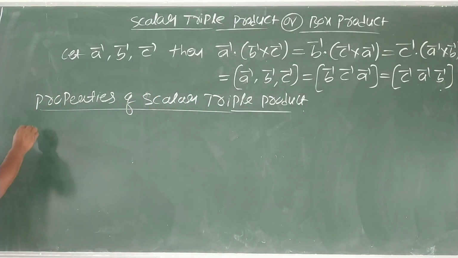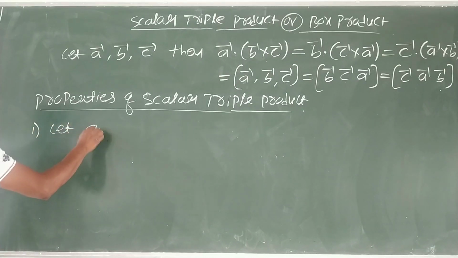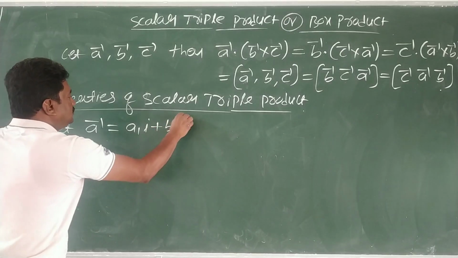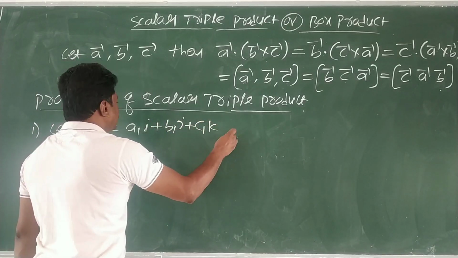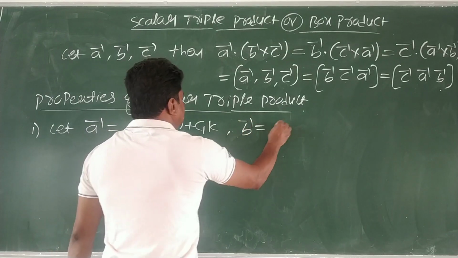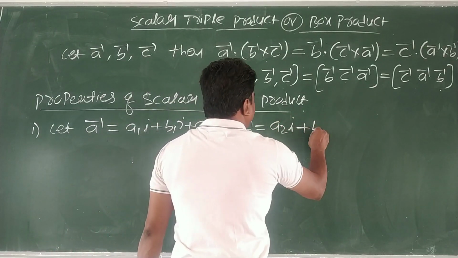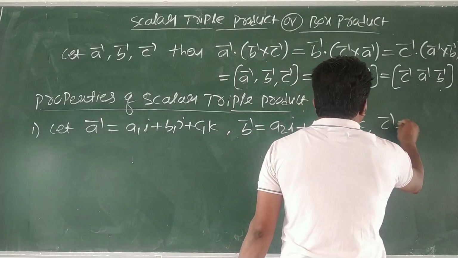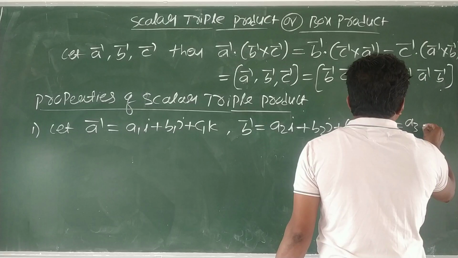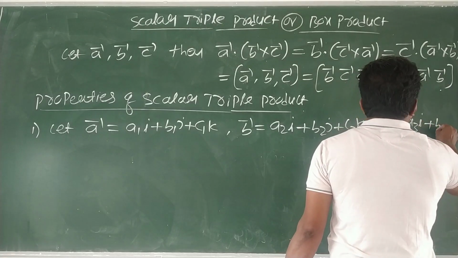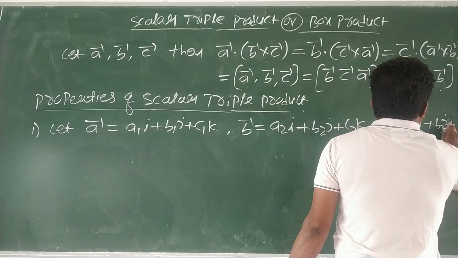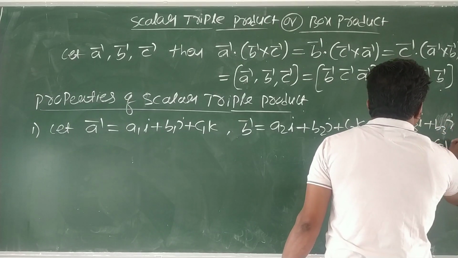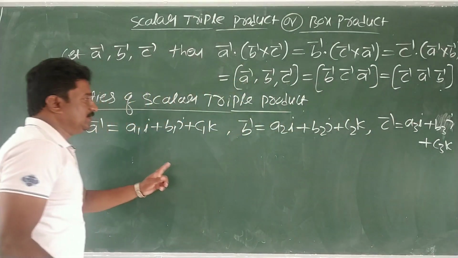Look at this first property, students. Let vector A equal A1 i plus B1 j plus C1 k. Vector B equals A2 i plus B2 j plus C2 k. Vector C equals A3 i plus B3 j plus C3 k.